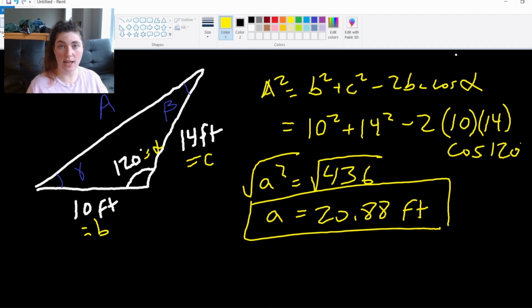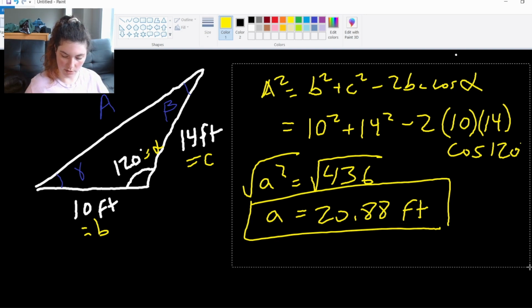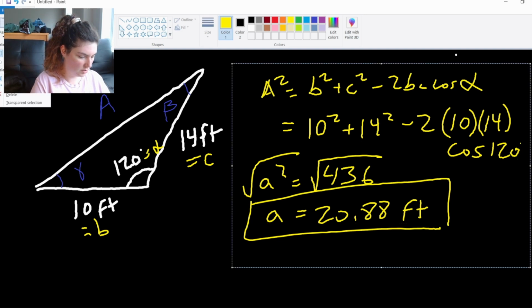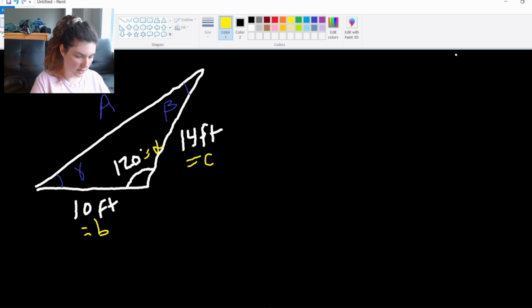Now that we have side A, it's going to be really easy to solve for beta and gamma using law of sines. So I'm going to go ahead and get rid of this, but write down that our A was 20.88 feet.